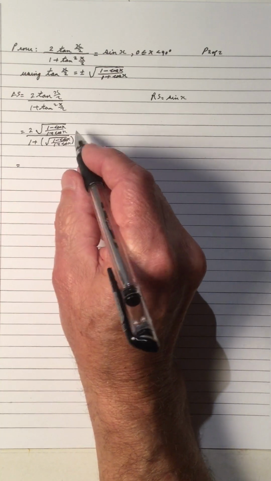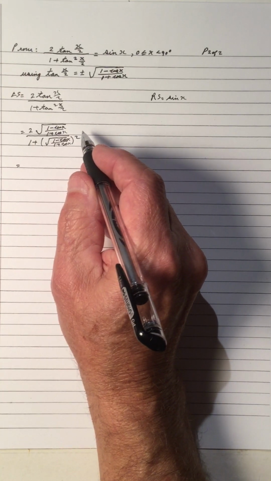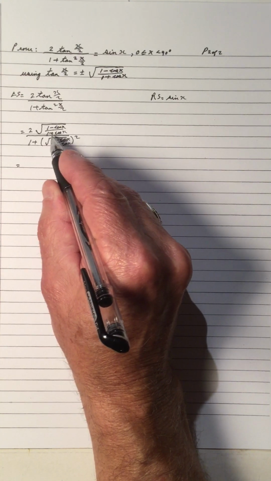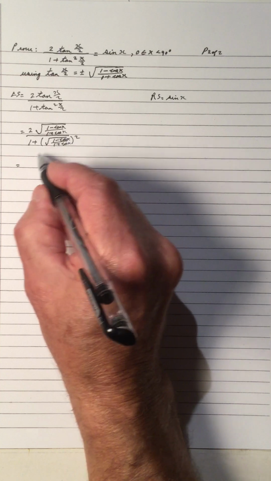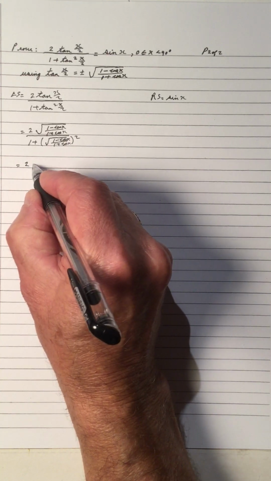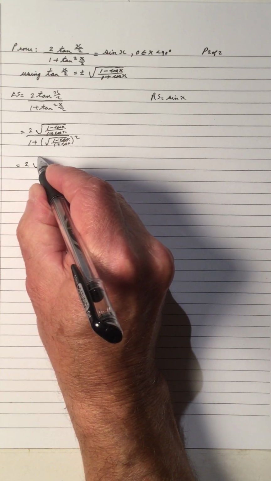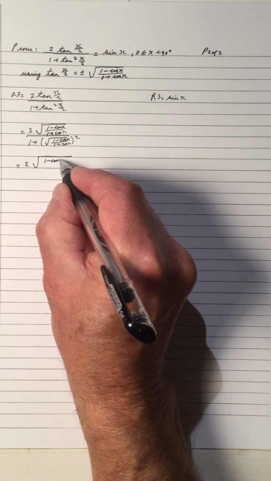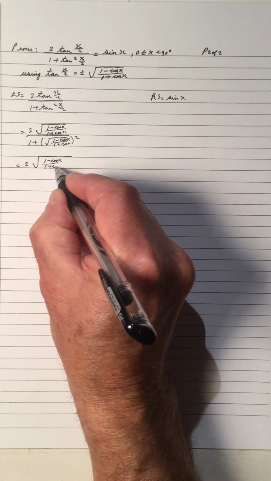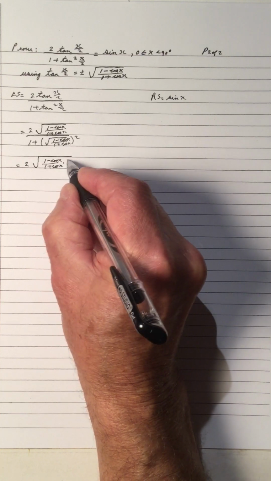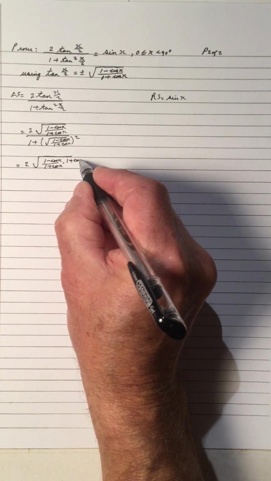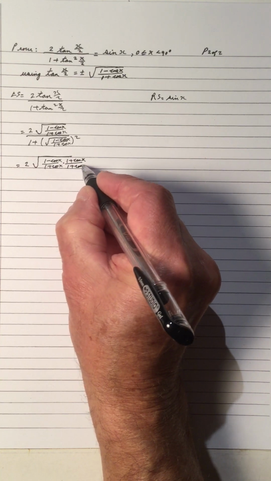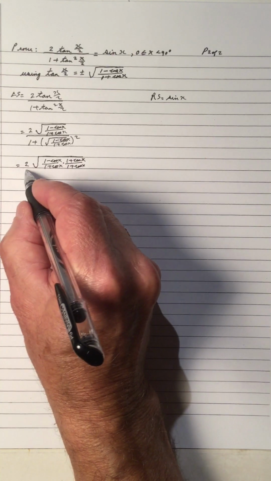So let's simplify this. Inside the square root, I should multiply by the conjugate of the bottom. So we have 2 square root of 1 minus cos x over 1 plus cos x times 1 plus cos x over 1 plus cos x.